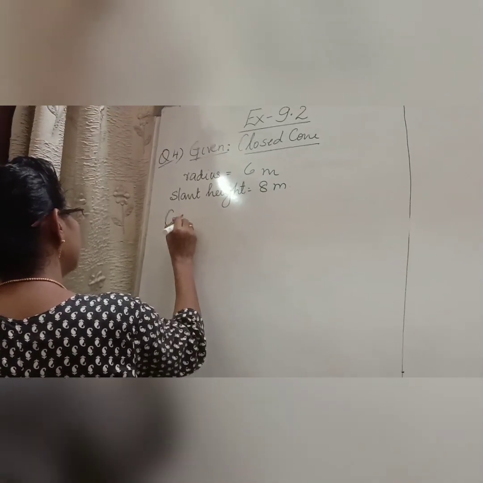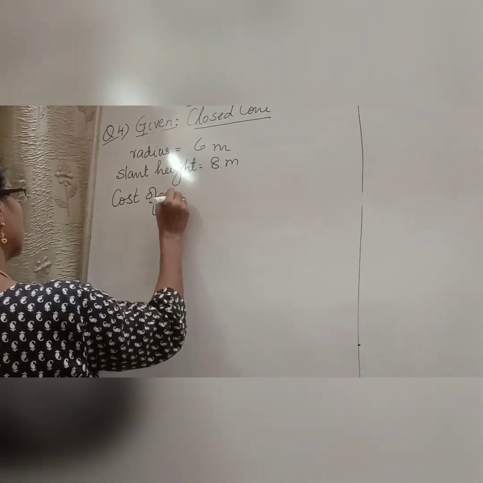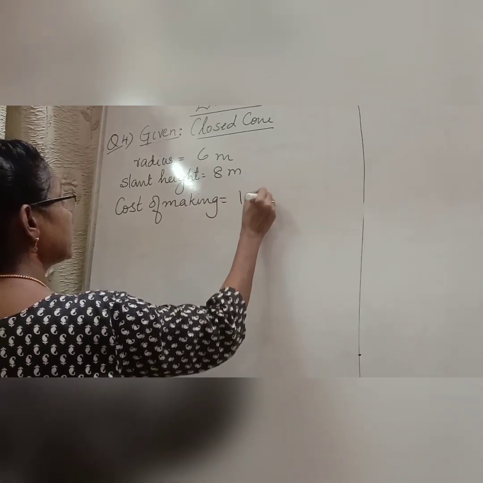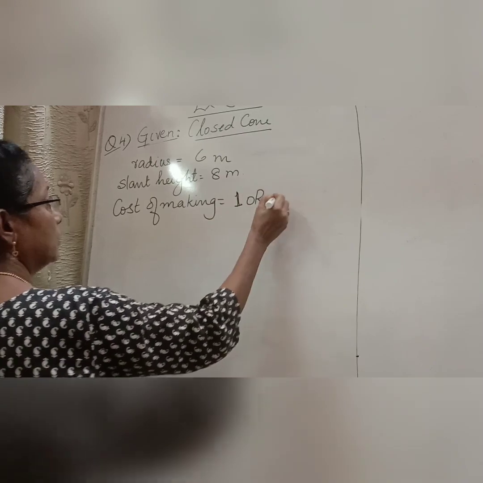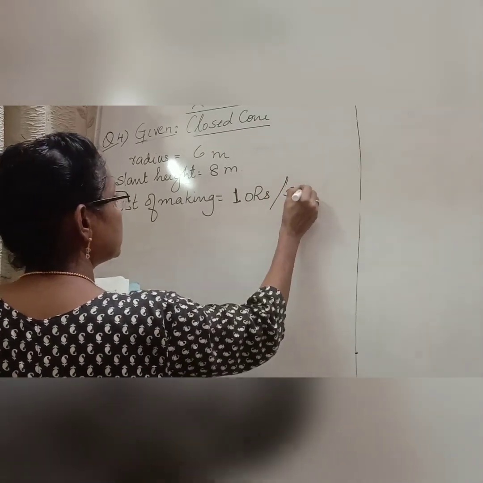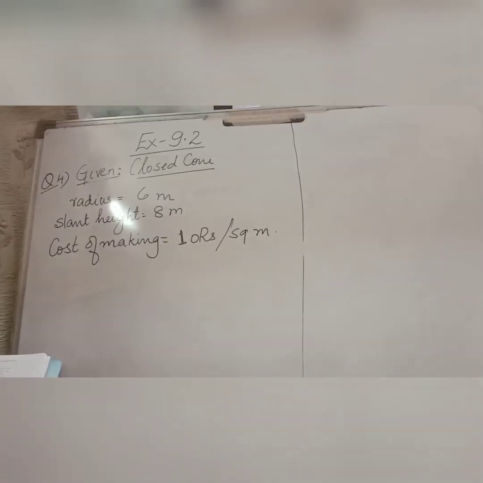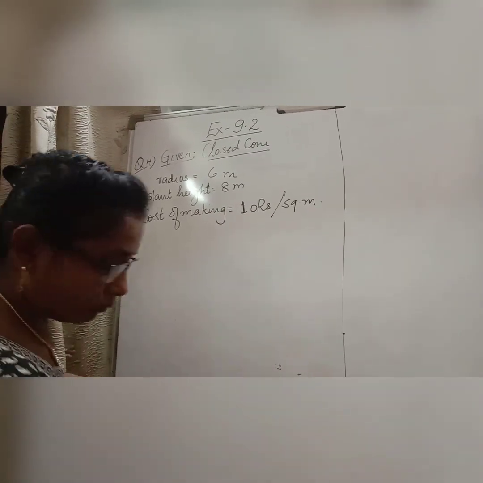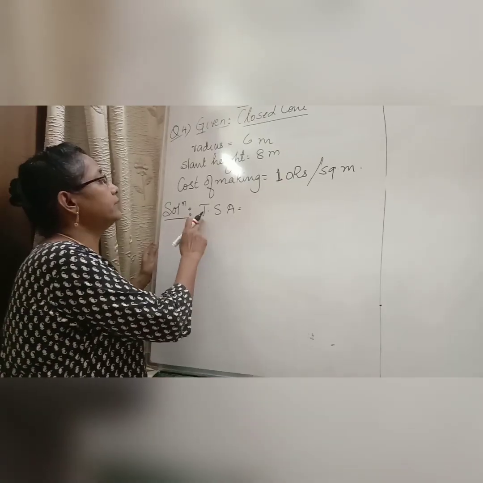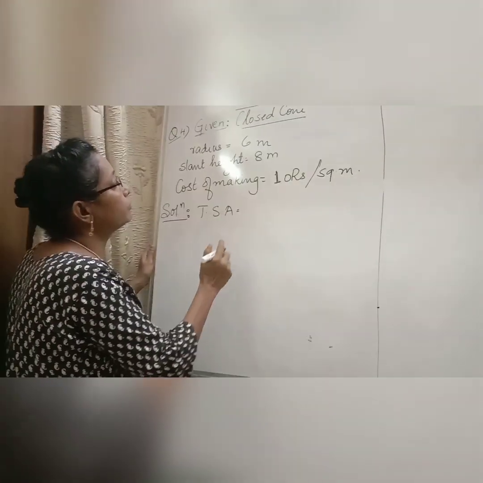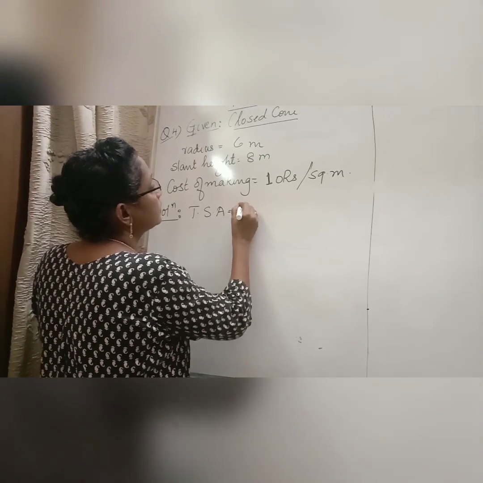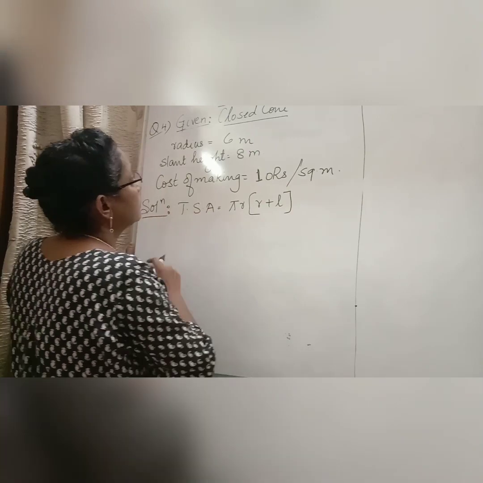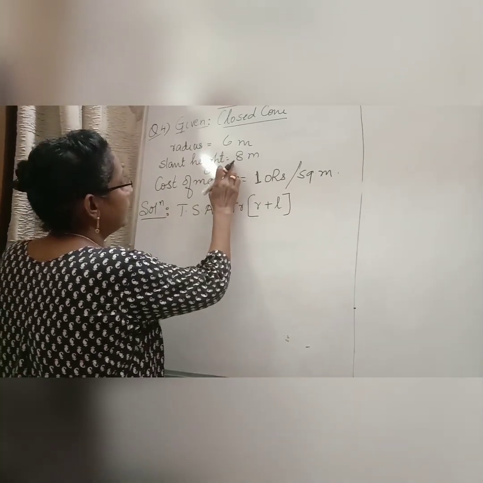And cost of making is equal to 10 rupees per square meter. So now students, we will be finding total surface area of cone, and the formula is pi r into r plus L. So now here r is given, L is given.